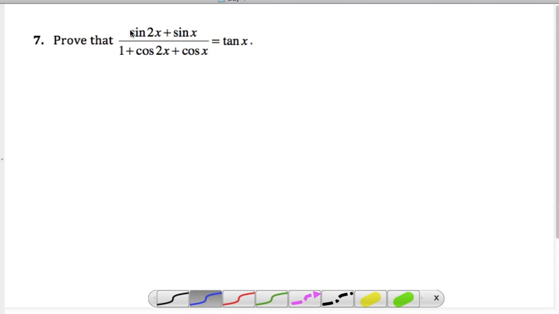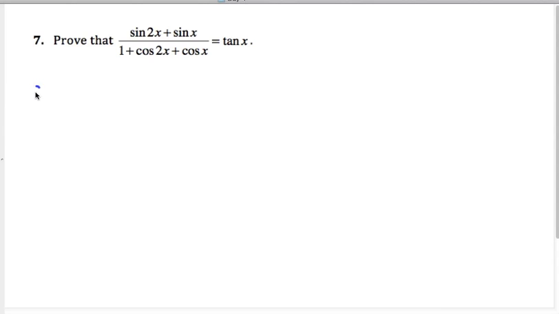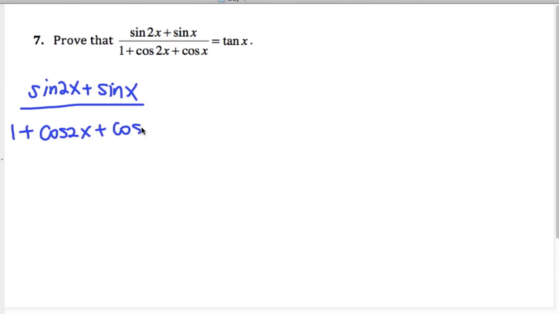Obviously the left side is more complicated, so I'm going to work with the left side. And every time you see a double angle, just change it. I'm going to work with the left side and make it equal to a tangent. Let me copy: sine of 2x plus sine x over 1 plus cosine of 2x plus cosine x.